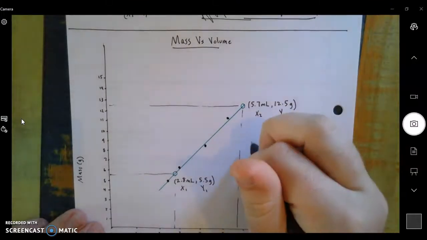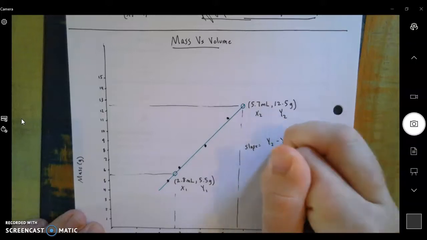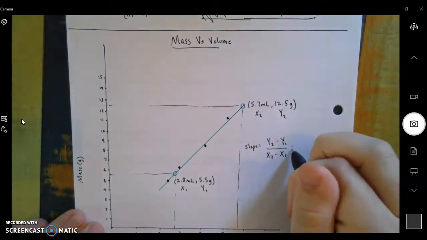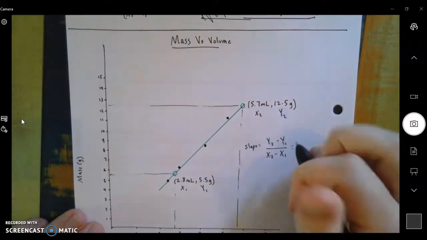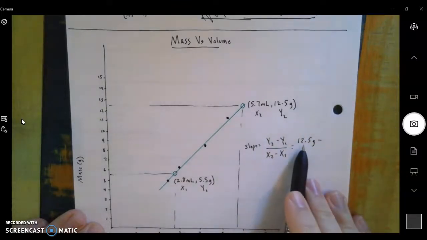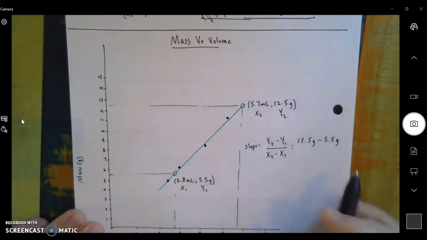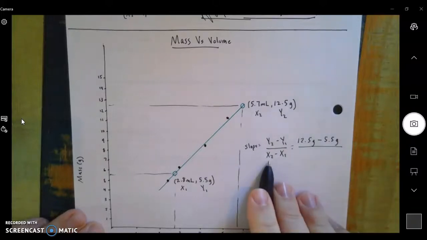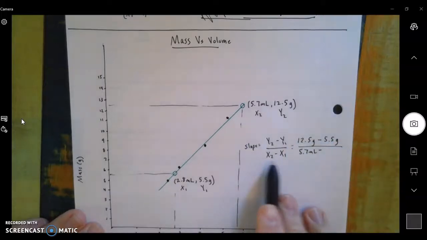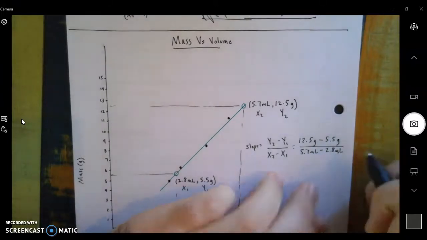Alright, so if my formula for slope is y2 minus y1 over x2 minus x1, right, I can plug in my y's, so my y2 of 12.5 grams minus my y1 of 5.5 grams, and I can plug in my x's, so x2 is 5.7 milliliters, and my x1 is 2.8 milliliters.